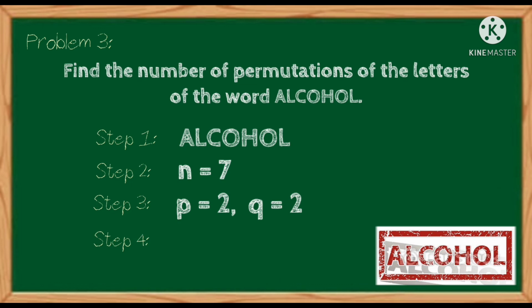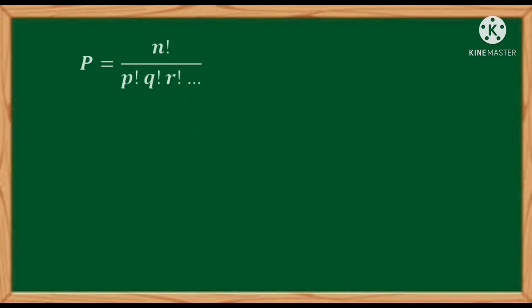And last, let's apply the distinguishable permutation formula. So we have P is equal to n factorial over p factorial, q factorial, r factorial, and so on. And let's substitute the values of the variables. So our n is 7, our p is 2, our q is 2. So we have now P is equal to 7 factorial over 2 factorial, 2 factorial.